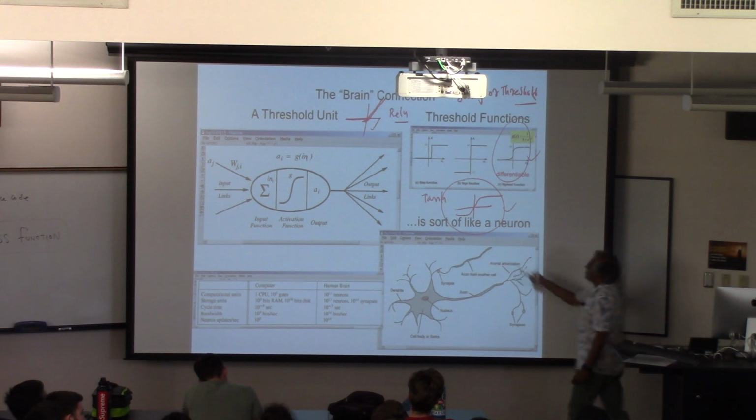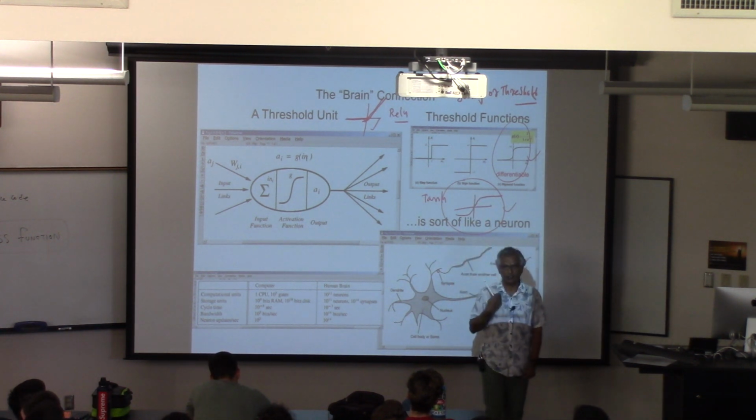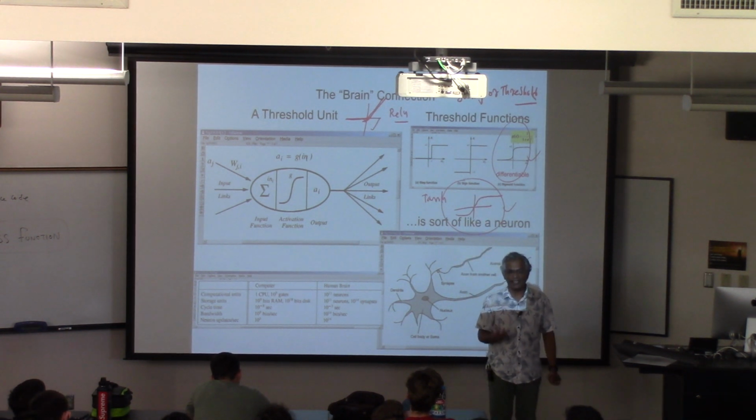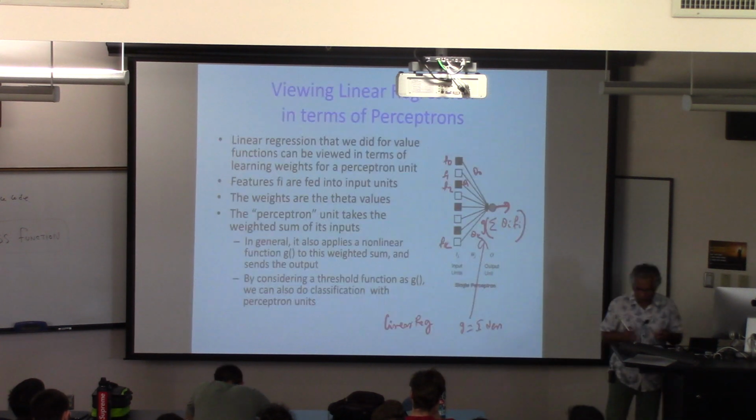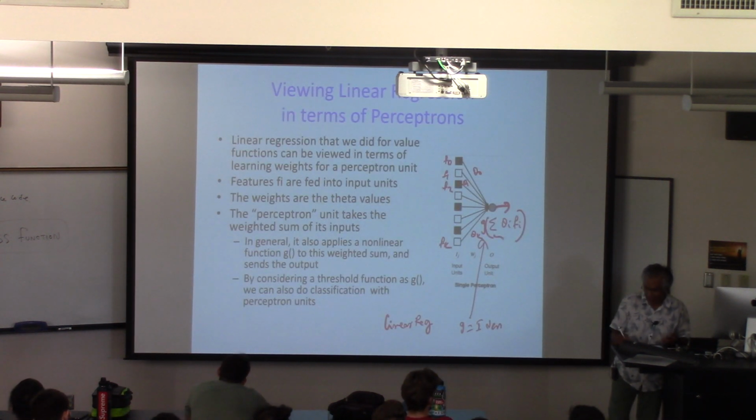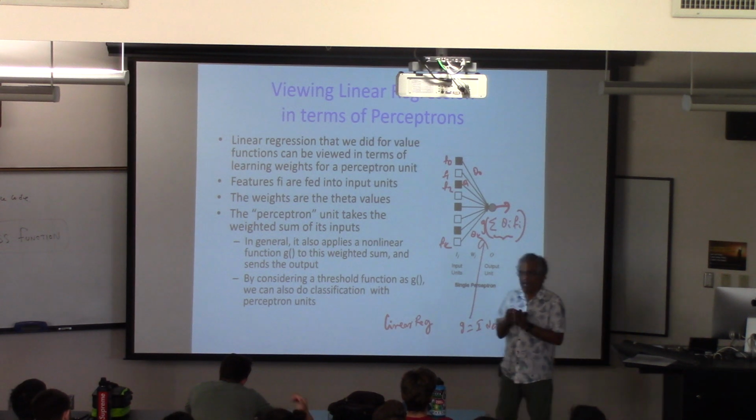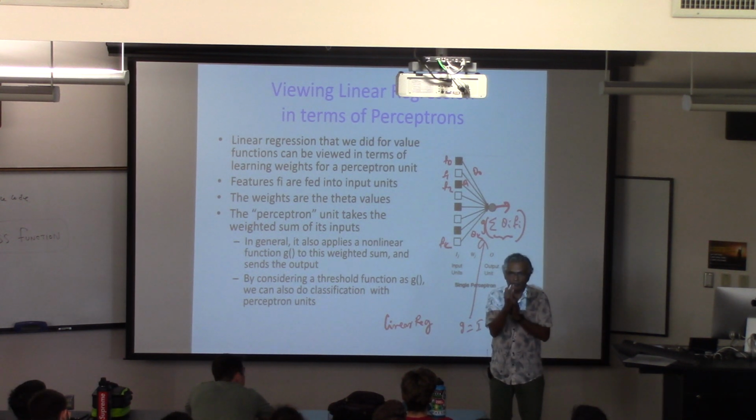The simplest threshold functions are the step functions, which basically say that if the value coming out here is equal to or greater than some number, then it is +1, otherwise it's 0.